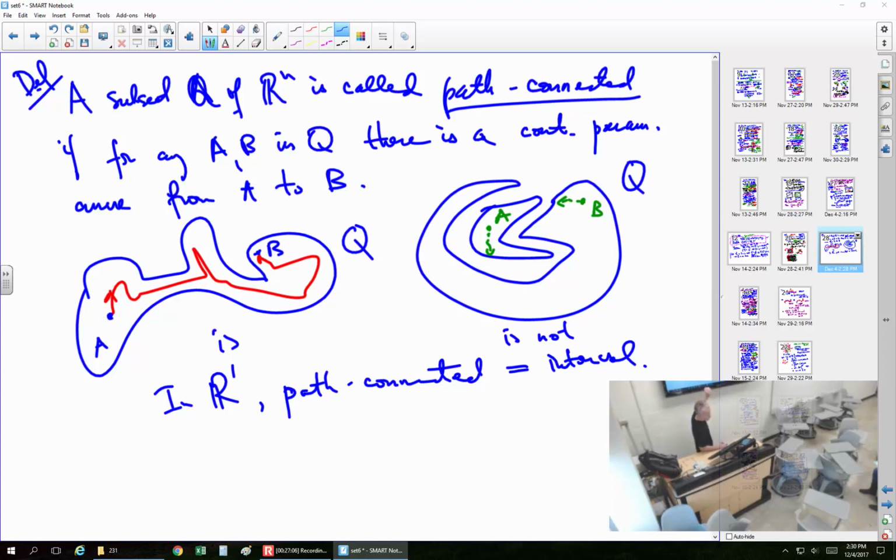Where does it come up? It comes up for the intermediate value theorem, for example. For a continuous function, the image of a path-connected set is path-connected.